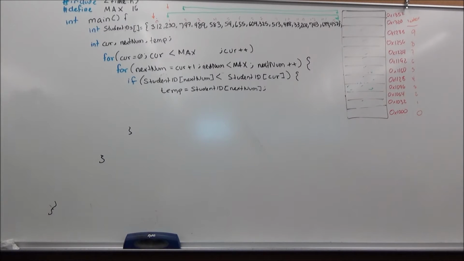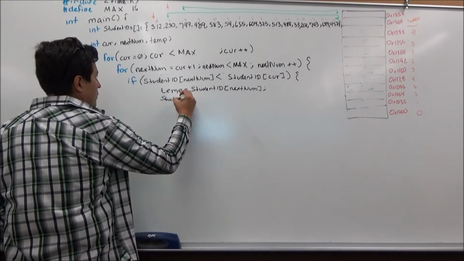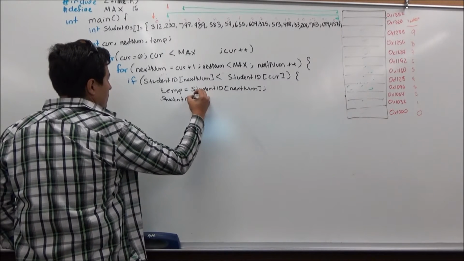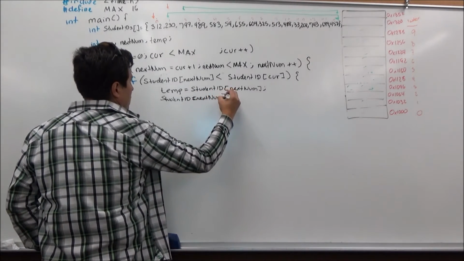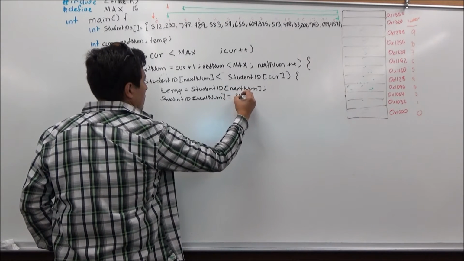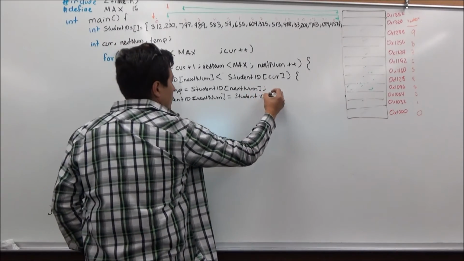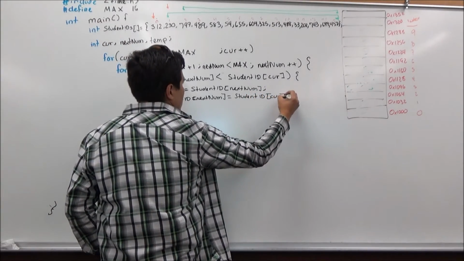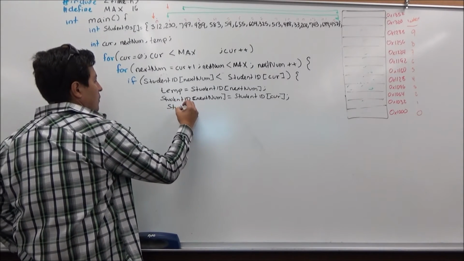Next num is equal to cur. Or the student ID, so. And cur is equal to temp.